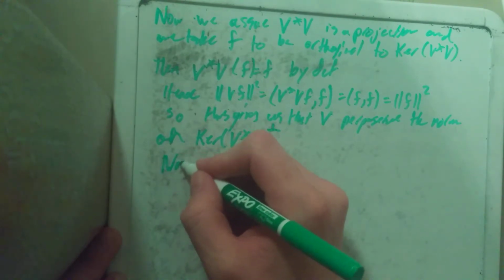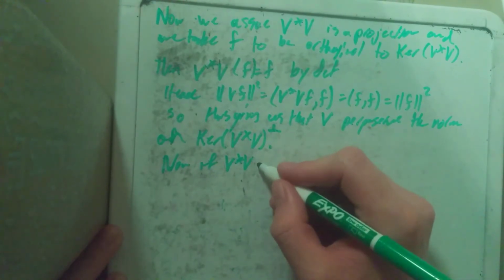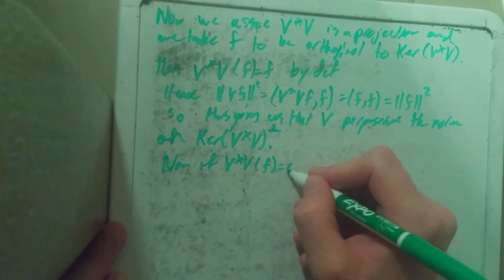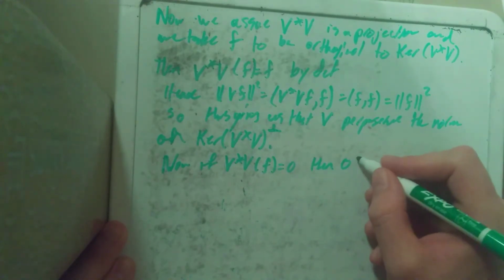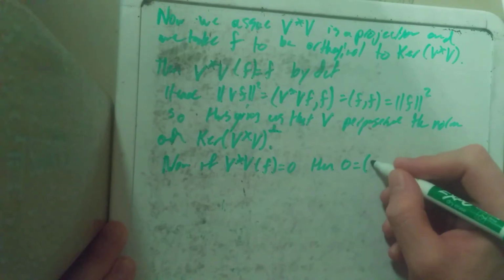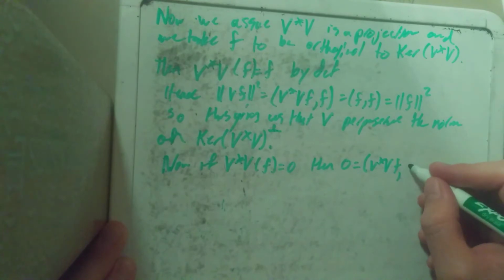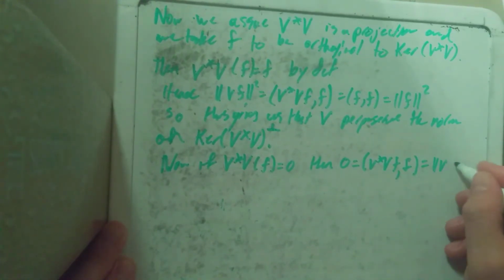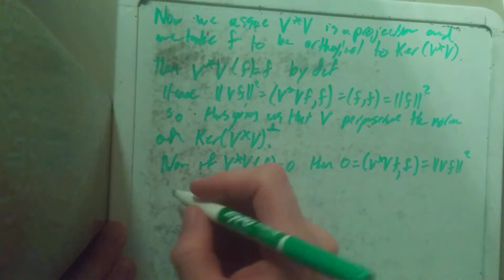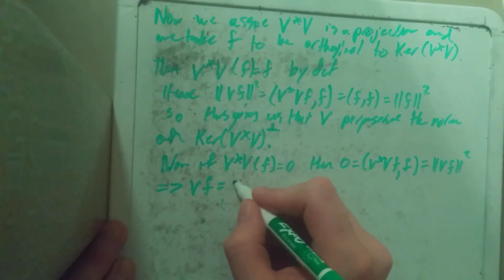Now, if V star V of f is equal to 0, then 0 equals V star V f, which would just be the inner product of f with itself, but again this is the same thing as the norm of Vf squared, which implies that Vf equals 0.